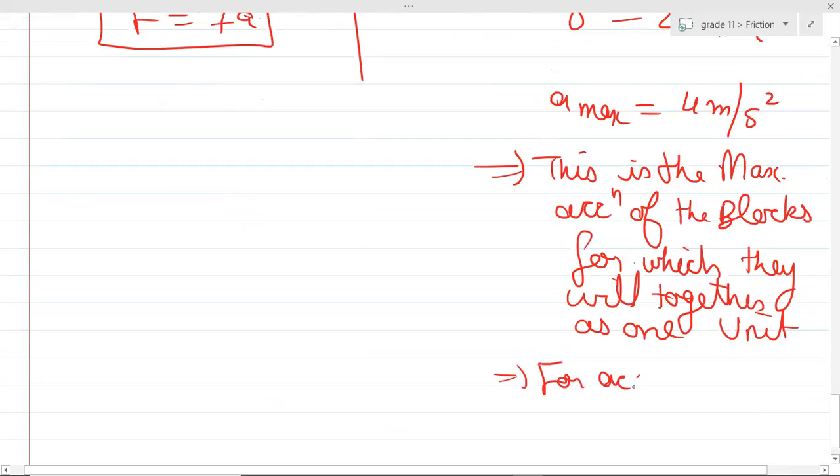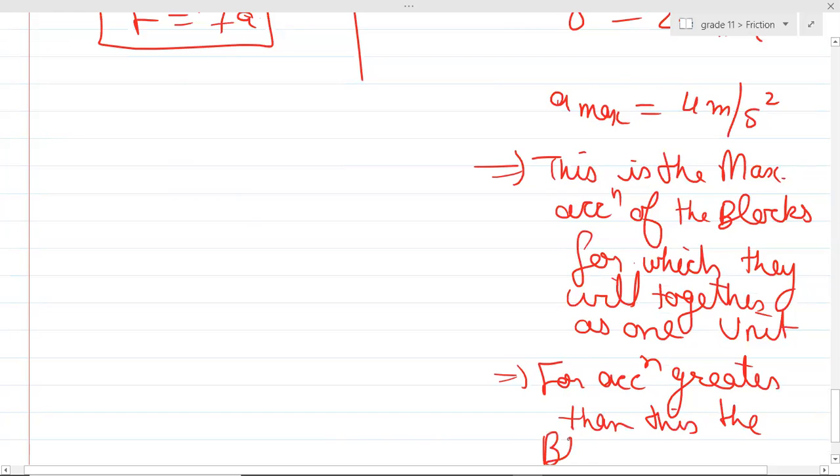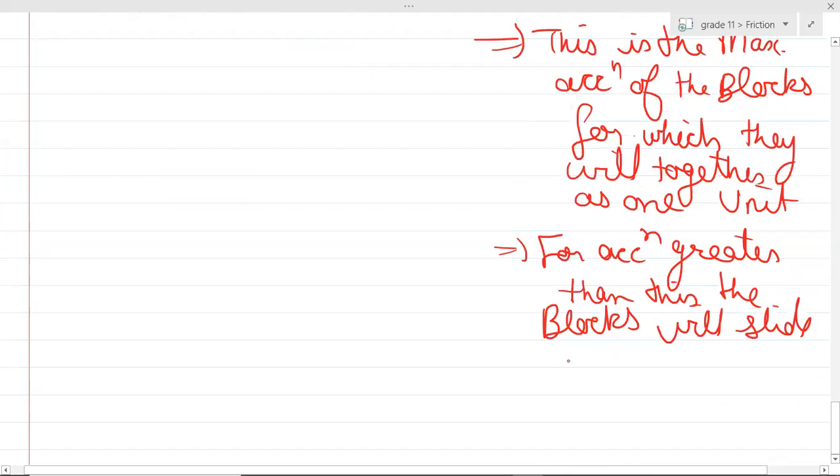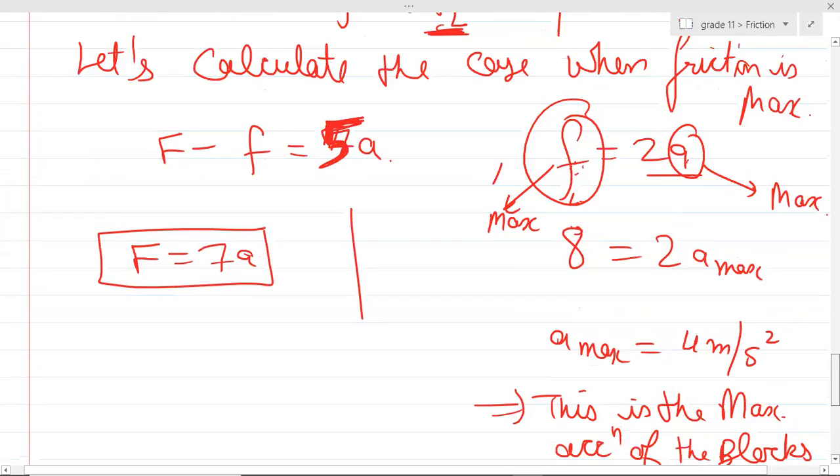For acceleration greater than this, the blocks will slide relative to each other. Will slide over each other. Is this clear, guys? Please write.